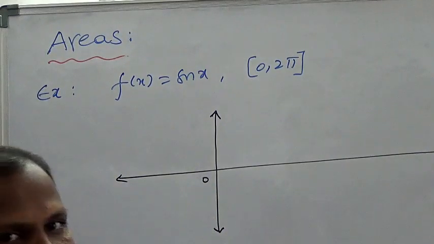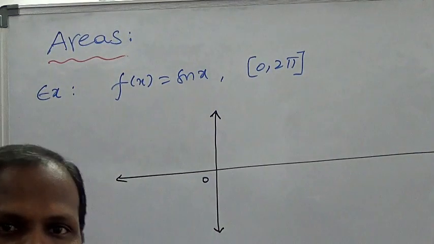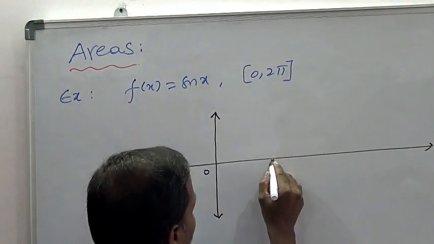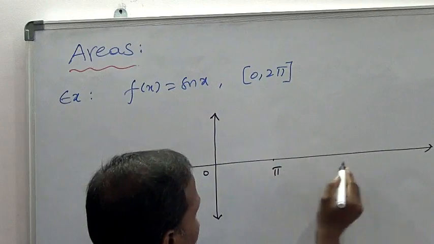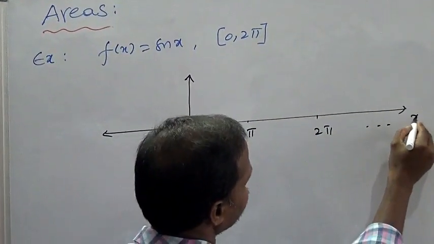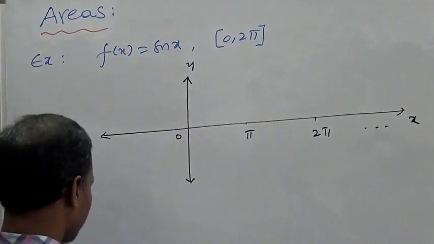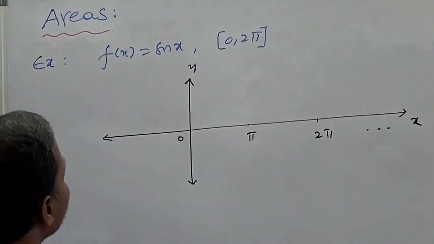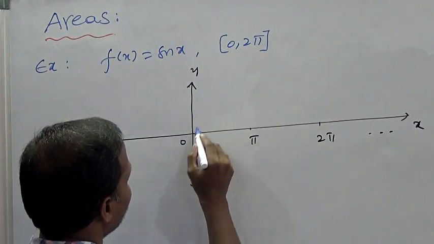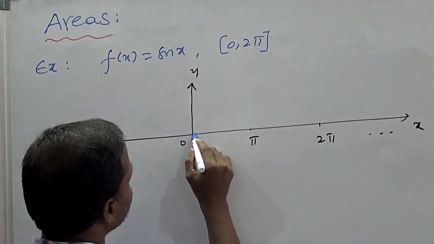So sin x becomes 0 at pi, 2 pi, 3 pi, 4 pi, that is n pi. So this is pi and this is 2 pi, and so on. At pi by 2 it has maximum value 1.